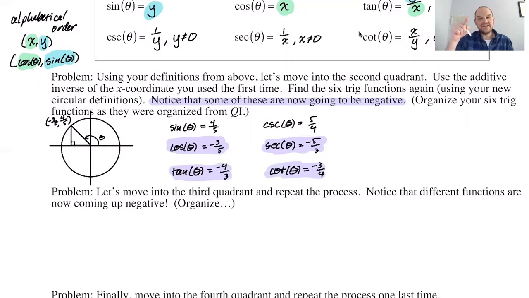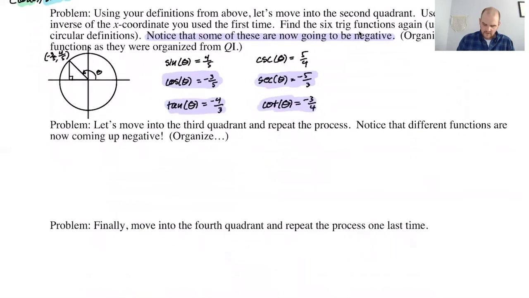The only positives are sine and cosecant, because in the second quadrant, the y coordinate's positive, the x coordinate's negative. So anything involving the x coordinate, which is cosine, secant, and tangent, since tangent is sine over cosine, and therefore cotangent, is going to be negative in the second quadrant. In the second quadrant, y is positive, so only sine and cosecant were positive. That's a big deal.